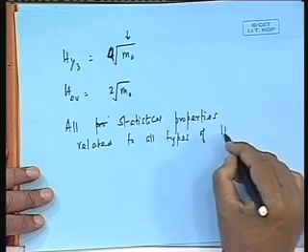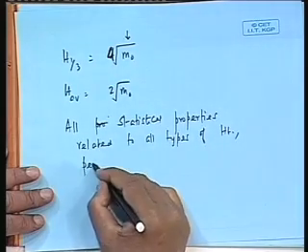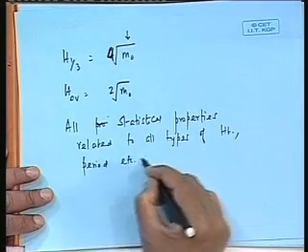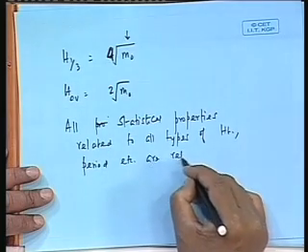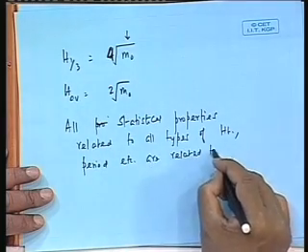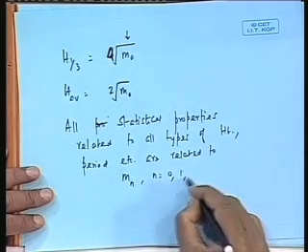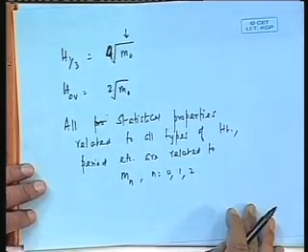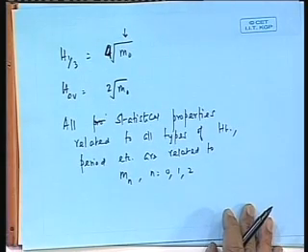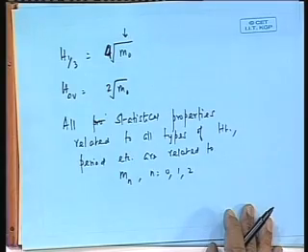All types of height, period, etc. are related to Mn, n equal to 0, 1, 2 typically. That means basically they are related to the area under the graph, first moment under the graph and second moment under the graph.